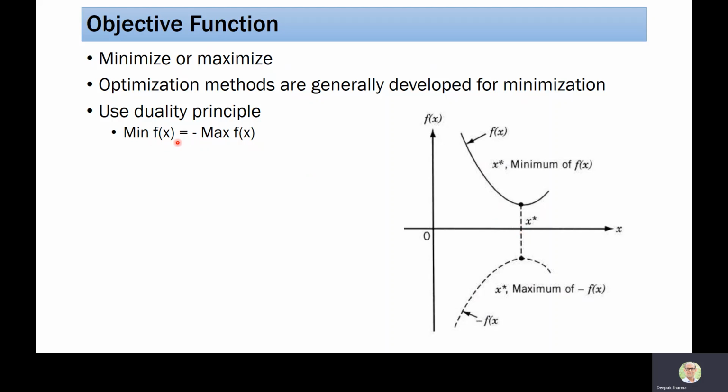That is what we call the duality principle. So even though my method solves the minimization problem and I have a maximization objective function, I will just multiply by -1 and put it into my algorithm or method to get the optimum solution.